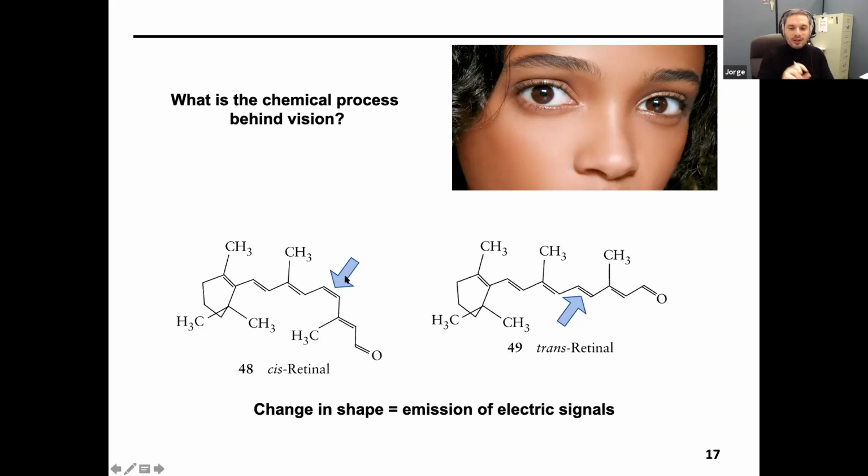The frequency at which the cis form is transformed to the trans form will create electric signals that will be read by the brain and create the image. Therefore, changes in shape will cause electric pulses that the brain will read and build the image. And again, shape is involved here.